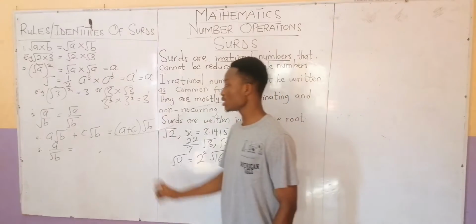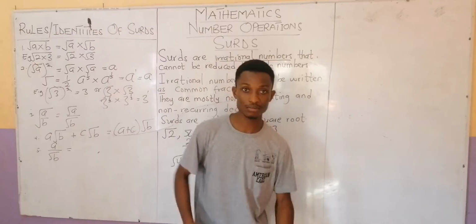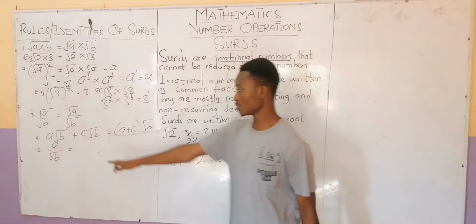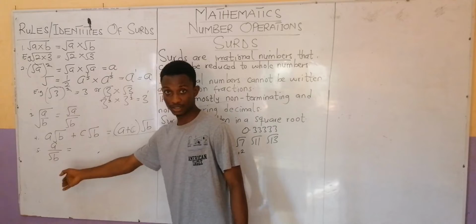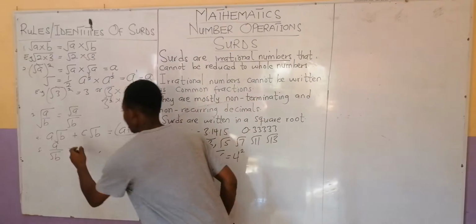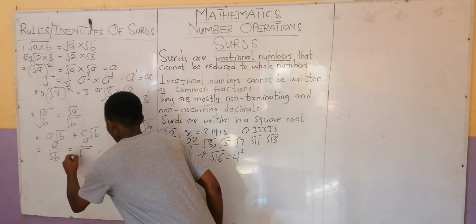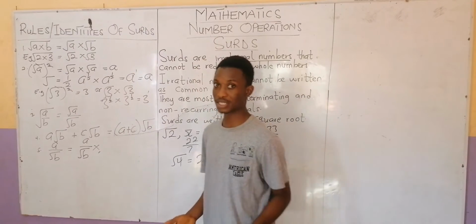What do you do? Here, you rationalize the surd. It's an irrational number, but I can make it a rational number. That is the denominator. What do you do? Multiply this fraction by another fraction. So I'm going to rewrite the fraction: A over root B, and multiply it by another fraction. And what fraction is that?